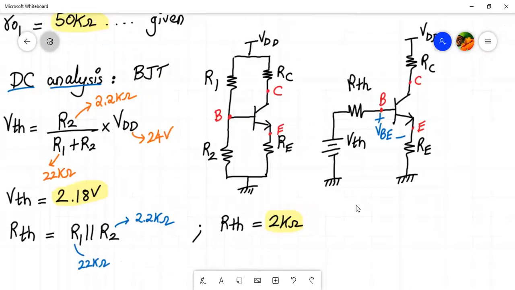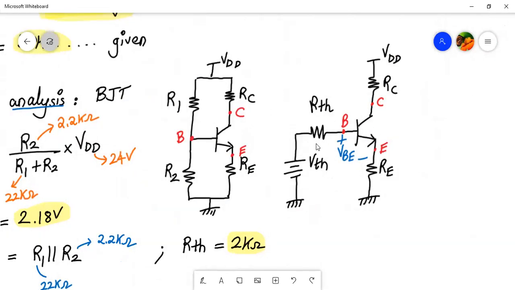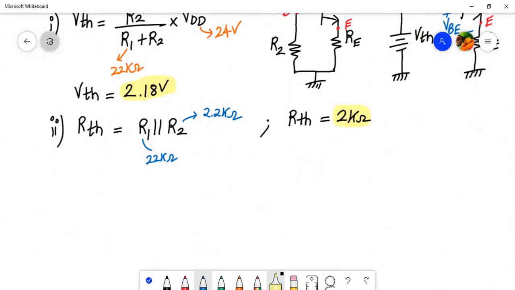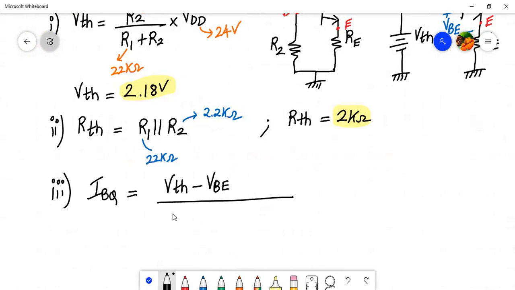Now we'll finally apply KVL at the input loop and we'll find the value of IBQ, right? We have done that. I'm directly writing the expression now. Before, we have done the voltage divider biasing many times. So the value of the base current IBQ will be given by VTH minus VBE upon RTH plus 1 plus beta times RE.